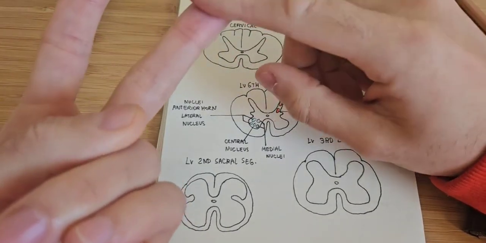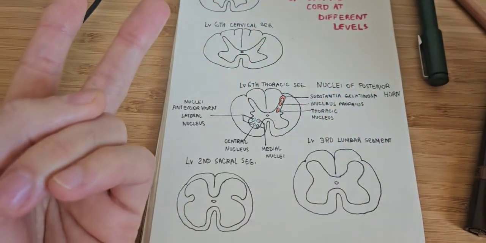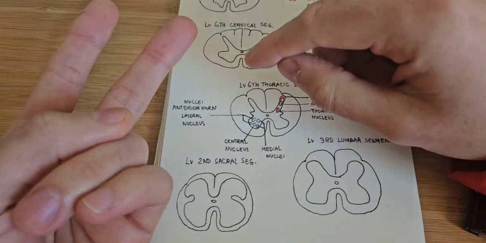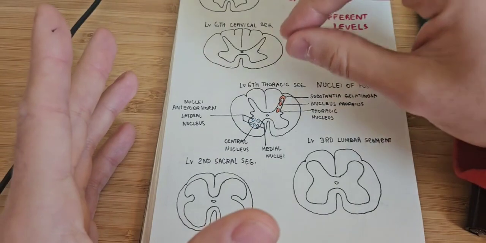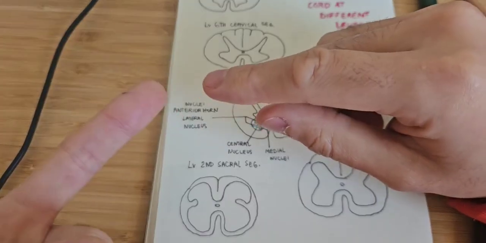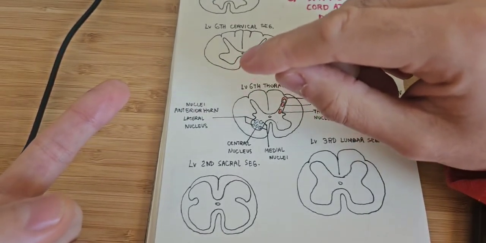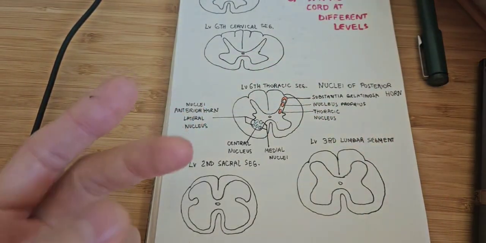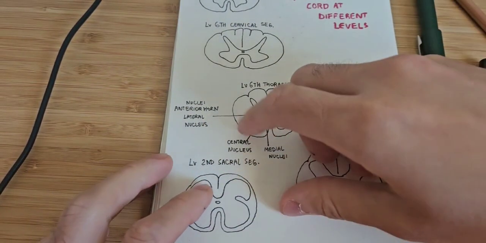Myasthenia gravis, which is an autoimmune disorder that affects neuromuscular transmission, potentially impacting the muscles innervated by the medial nuclei. And then we have the muscular dystrophies, which are genetic disorders that weaken the muscles, including those controlled by the medial nuclei.